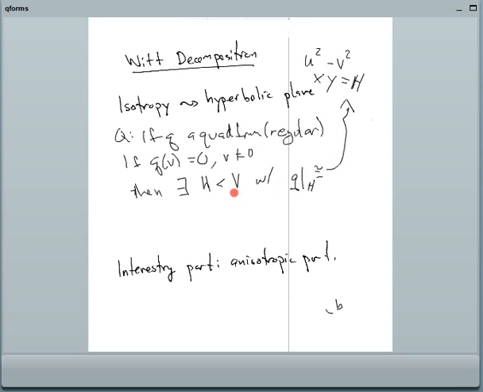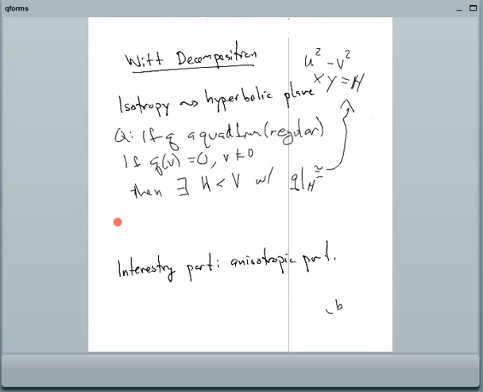So there's some two-dimensional subspace of your vector space that looks like a hyperbolic plane. The only reason a quadratic form might be isotropic is that it contains a hyperbolic plane.